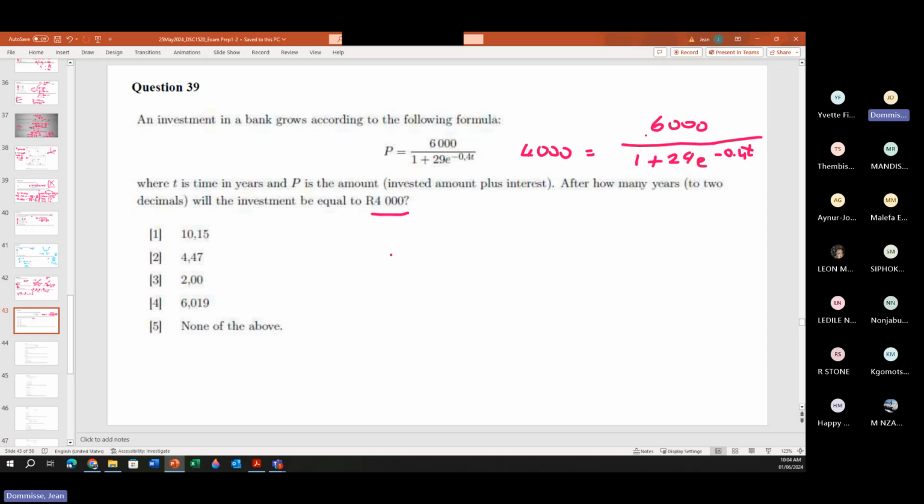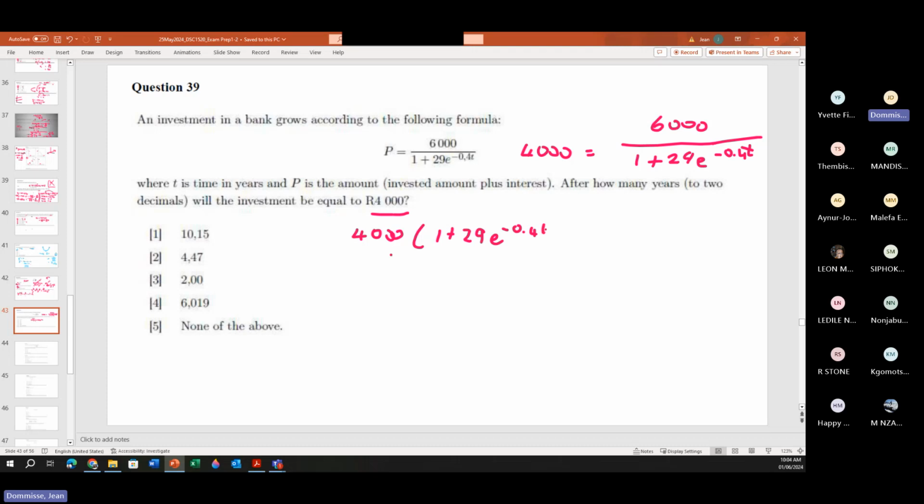But first, let's just simplify. I want to get rid of the thing under the 6,000. So the first step is to multiply on both sides with 1 plus 29e to the power of 0.4t.